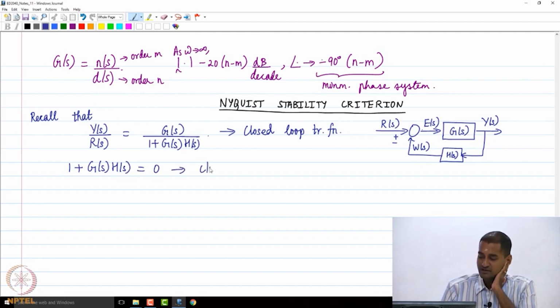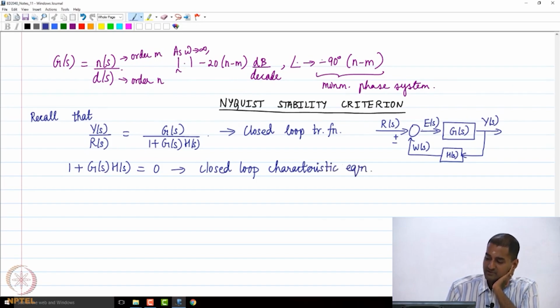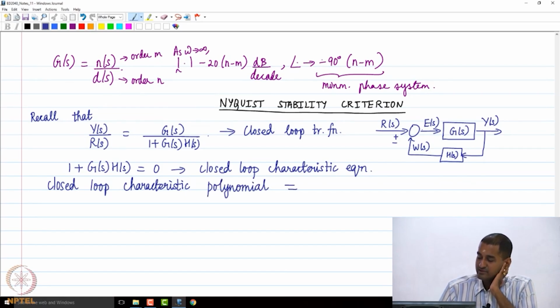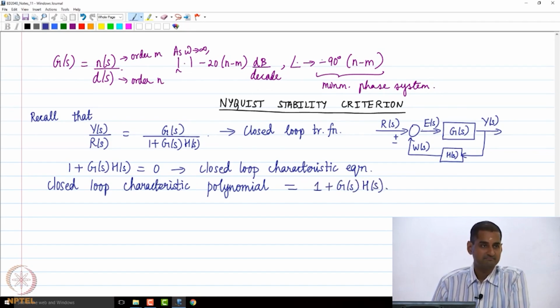So, this is the closed loop characteristic equation, and you immediately see that the closed loop characteristic polynomial is going to be equal to 1 plus g of s times h of s. That is what we have. That is the closed loop characteristic polynomial.